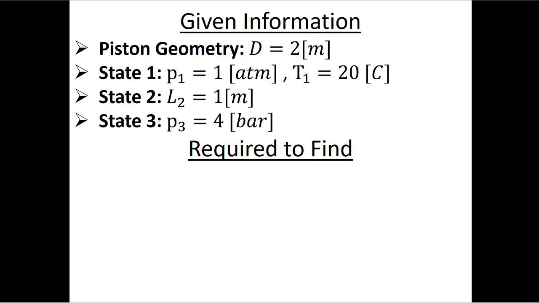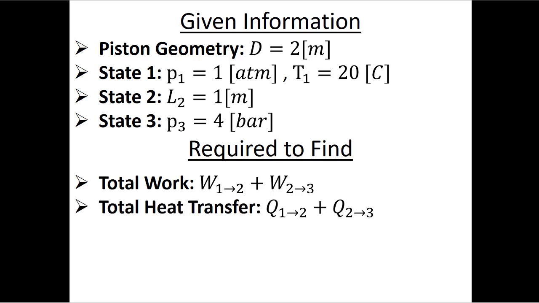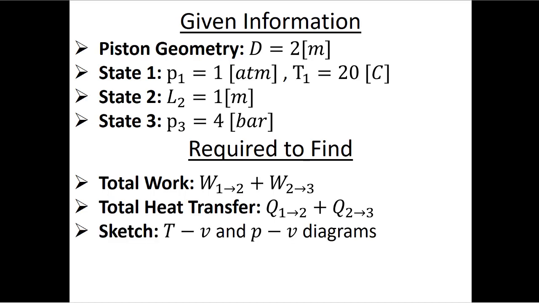We know that at state 3 the pressure increases up to 1 bar, and we're required to find the total work of both processes, the process from 1 to 2 and the process from 2 to 3, the total heat transfer for both processes, and we're asked to sketch the TV and PV diagrams.